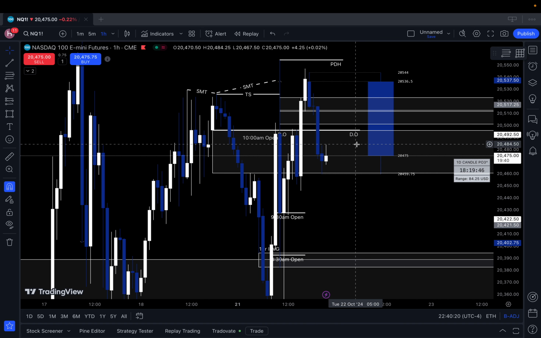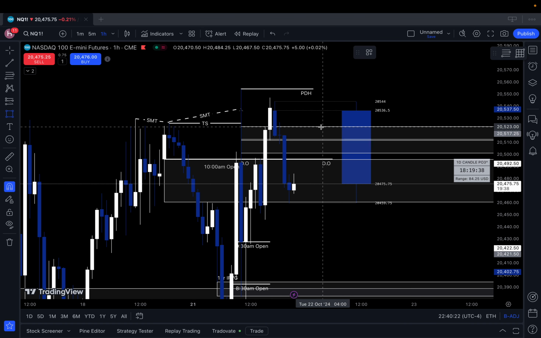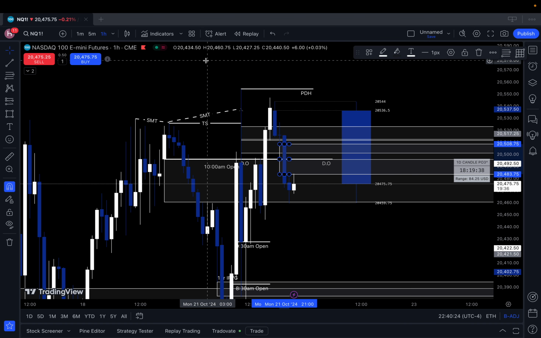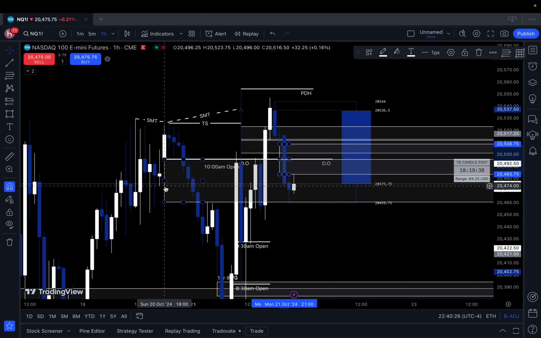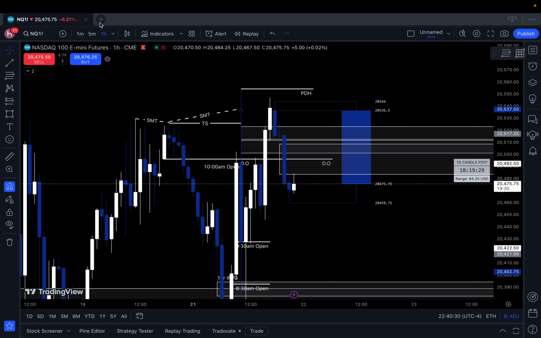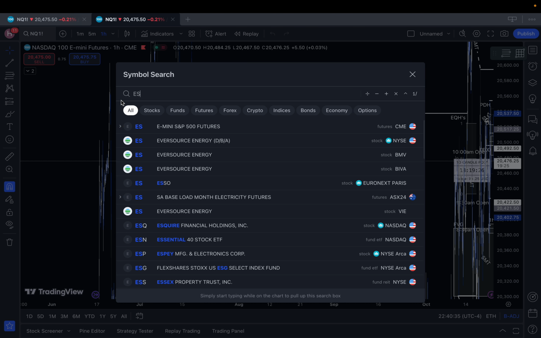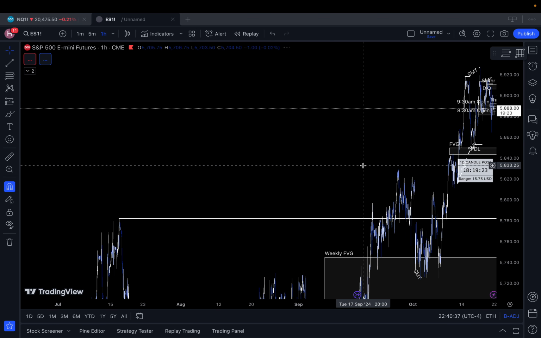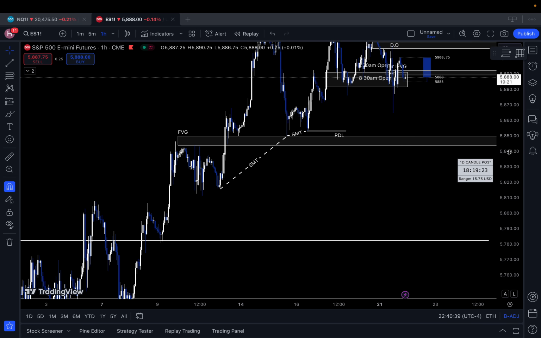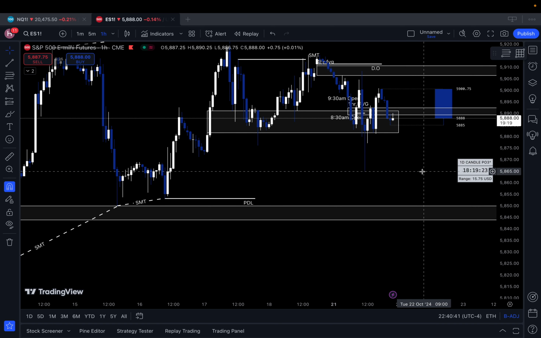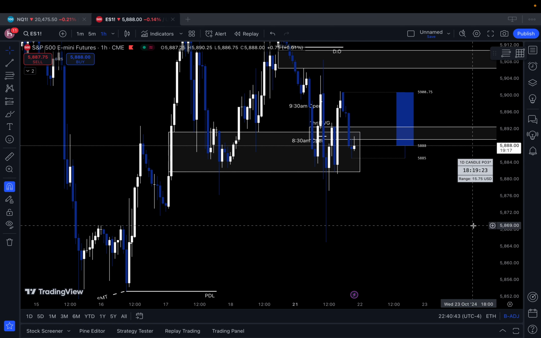We have this hourly bearish fair value gap right here. Let me delete half of this off my charts. Make sure there's no SMT with ES. Alright, yeah, there's no SMT.